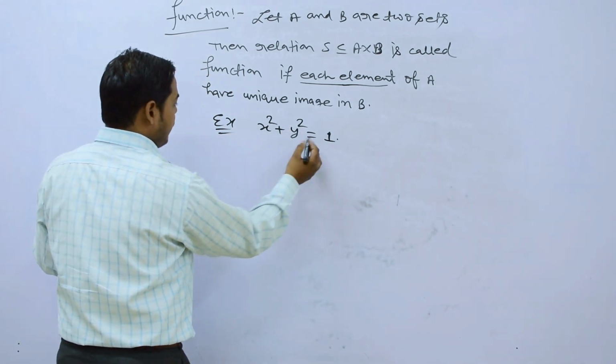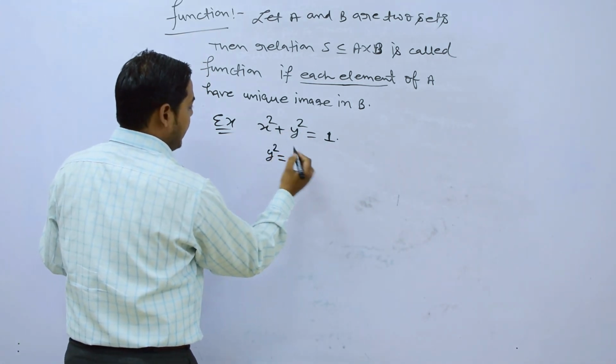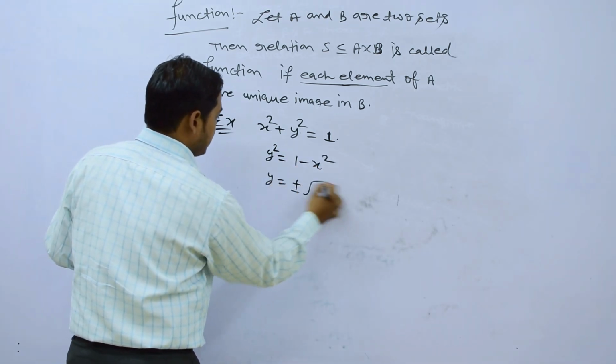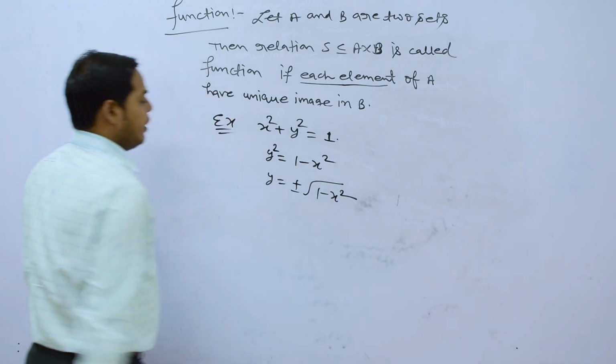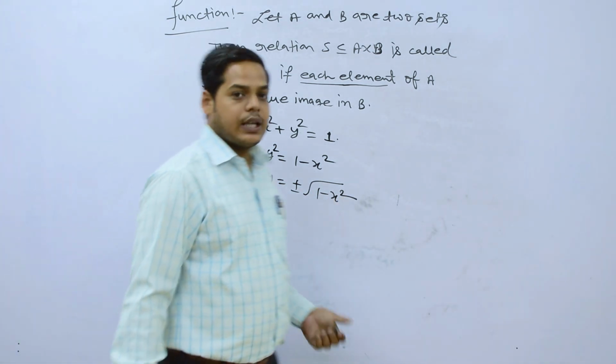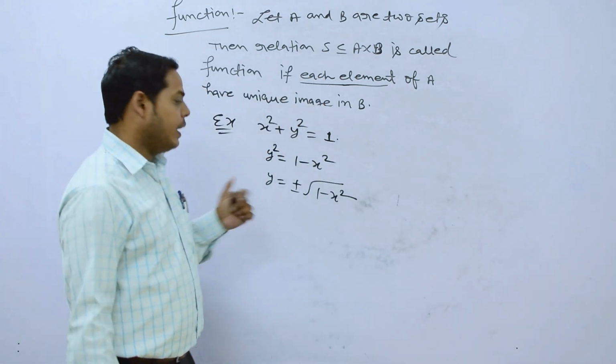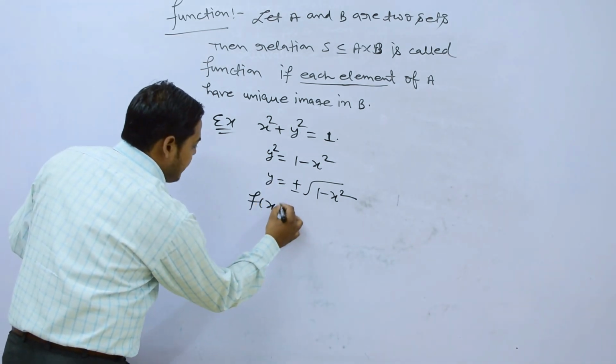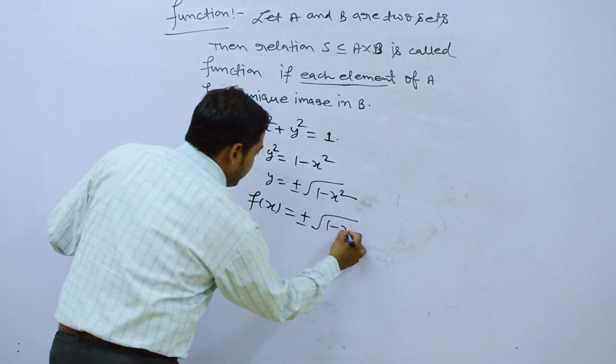Now if we find the value of y, we get y equal to plus minus under root 1 minus x square. Means for a single value of x, we can find two values of y. So here y can be written as f(x) equal to plus minus under root 1 minus x square.